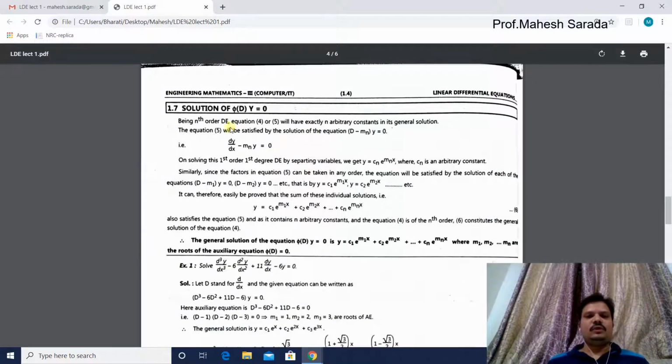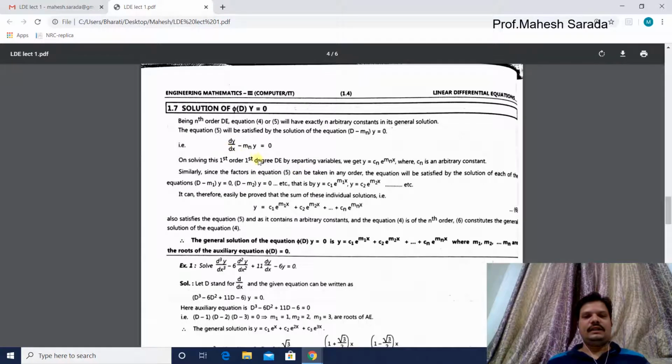Next, the solution of phi of D into y equated to 0. Suppose we have an order 1 degree 1 differential equation of the form (D minus mn) y equated to 0, where this capital D is nothing but d by dx, so that this is our order 1 degree 1 linear differential equation.